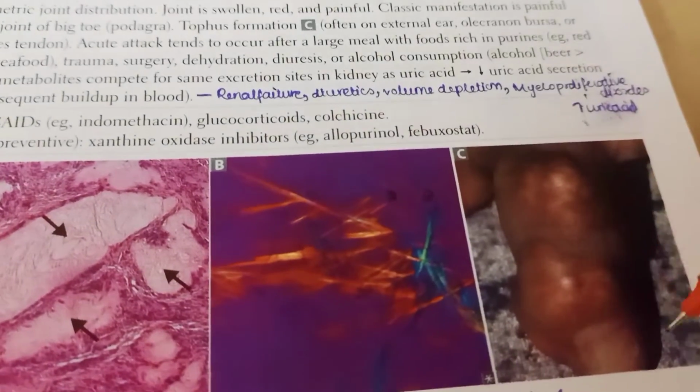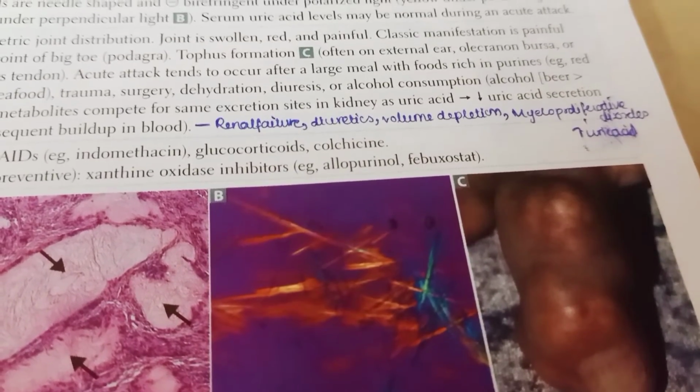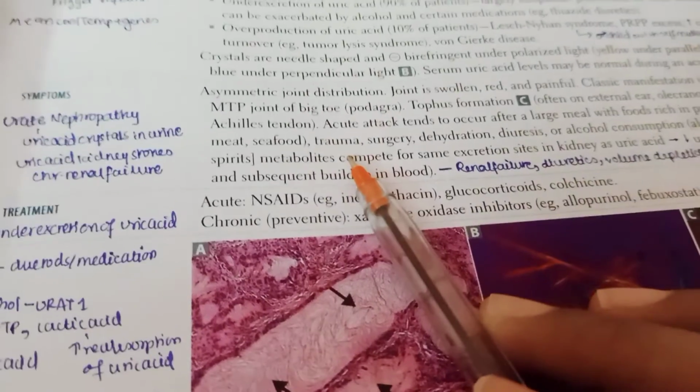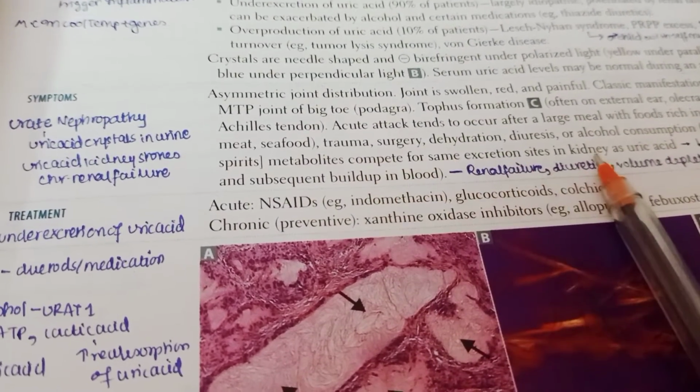You can see this is the tophus, which is often seen externally and occurs on the Achilles tendon. An acute attack tends to occur after a long meal, like foods rich in purine, for example seafood and meat. They may lead to this problem because after eating this food, they compete for the same excretion sites in the kidney.